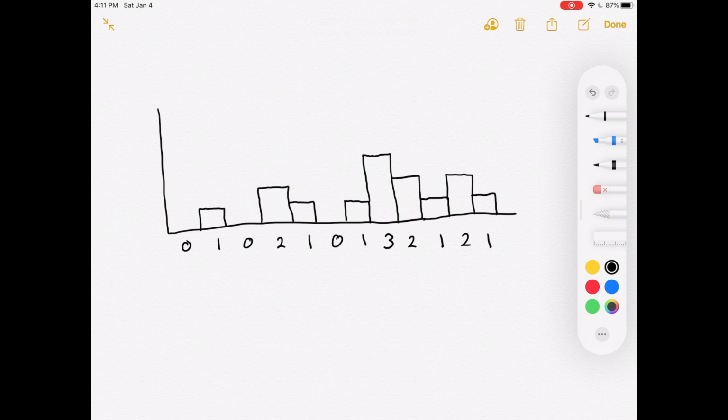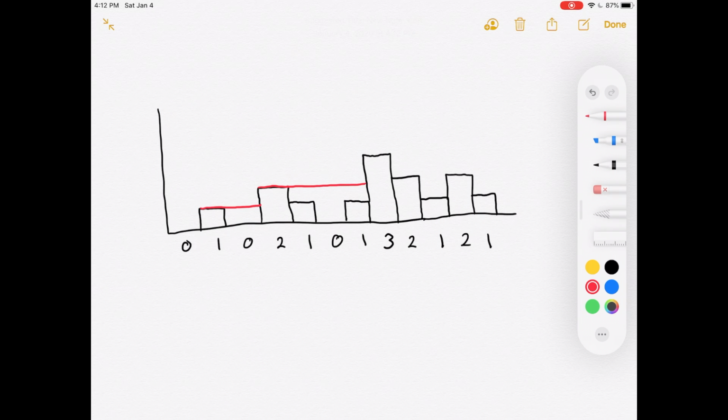All right, let's begin. So going from left to right. Let's start with our building with a height of 1. So the water level could be here, and it would stop here. Then we have a building with a height of 2. So the water level could be here, and it would stop here.